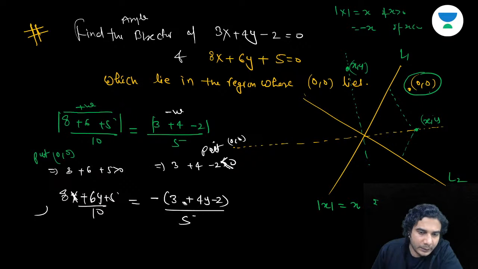And in the end, we'll replace h comma y by x comma y. I'm taking this point whose locus we are going to write, h comma k, okay? So this is the point which is moving on this bisector. So its distance from, so 8h plus 6k, and this is 3h plus 4k, all right?